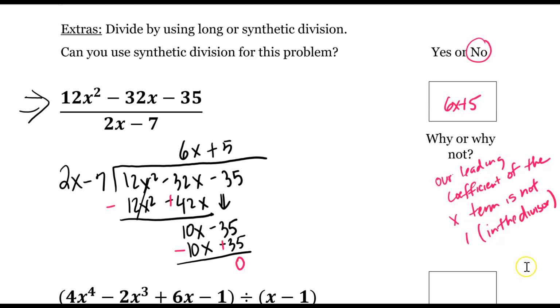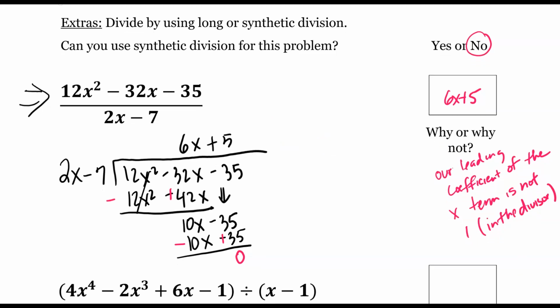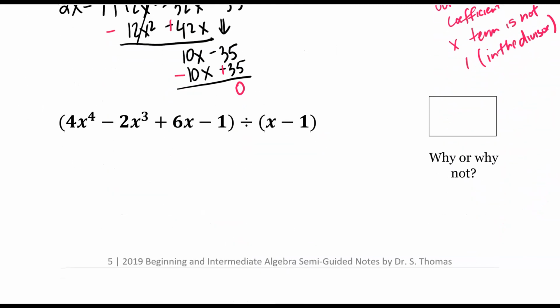Alright, let's go to the next problem. Do you think you can use synthetic division for this problem? Yes, you can. And what is k in this situation? K is positive 1. But when you look at this polynomial here, do you notice anything that's missing?